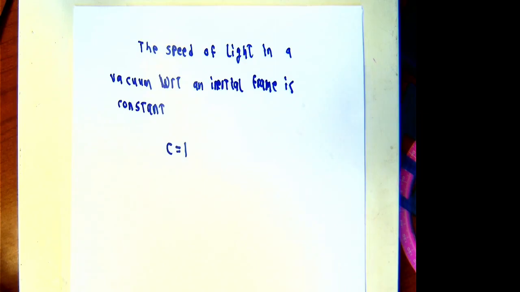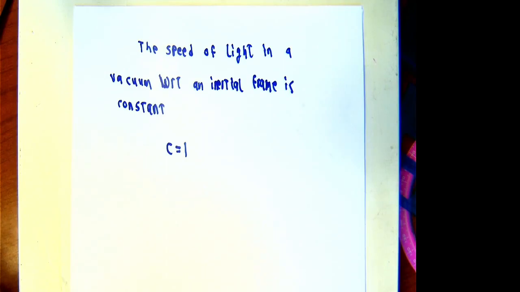This is an experimentally observed fact. The speed of light in a vacuum with respect to an inertial frame is a constant. By adjusting our units of distance and time, we can make the constant take on any value we want, but that's just like changing from feet to yards or something.